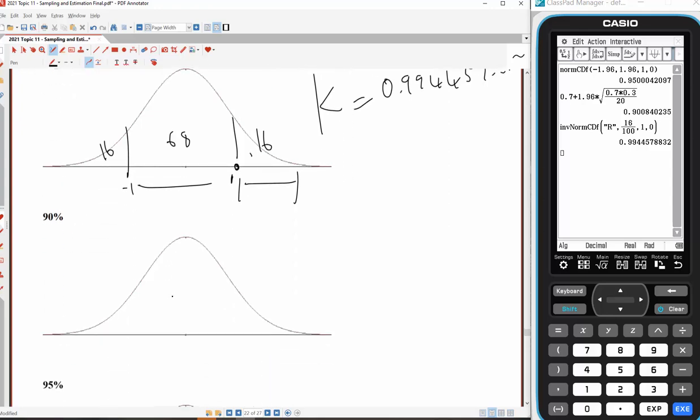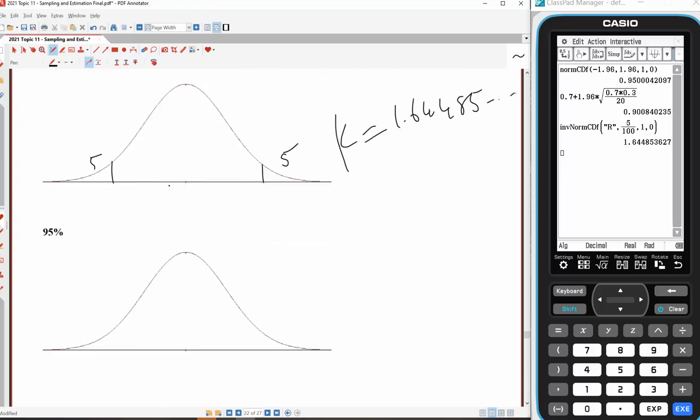Right, well, what about 90? If we got 90, that side is 5 and that side is 5. So all I do is change this value here to 5, and I've got my K is 1.64485... 95, we know that that's 1.96, but how did 1.96 arrive?